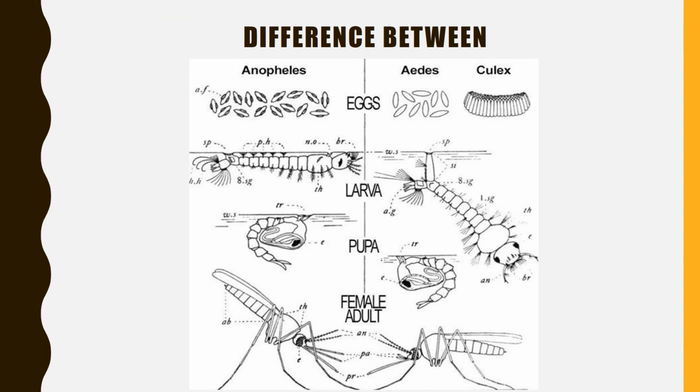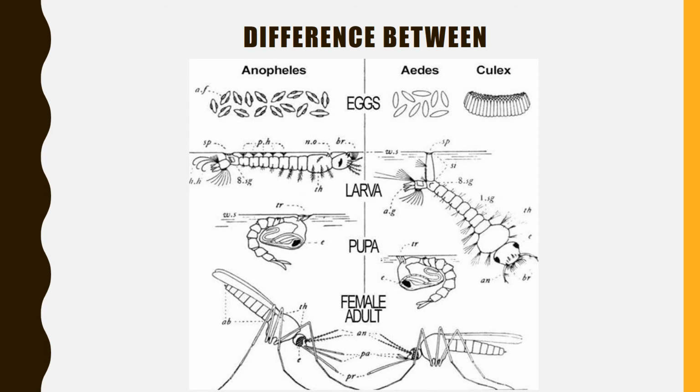Let's now differentiate between the Anopheles and Culex mosquito. Let us first differentiate in terms of eggs. As you can see, the eggs of Anopheles are laid singly and horizontally on the surface of water, whereas the eggs of Culex are laid vertically in clusters on the surface of water.